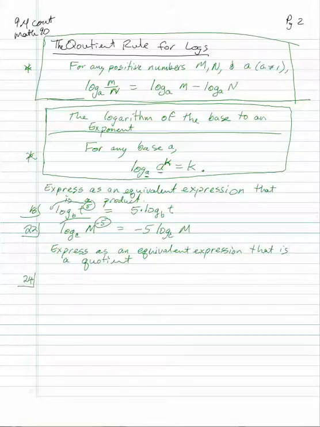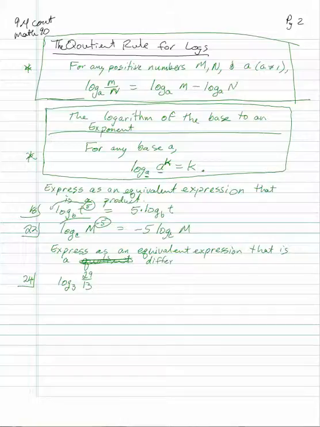Okay, let's look at 24. So now we want to express it as an equivalent expression with the quotient. So we've got log base 3 of 29 13ths. Oh, I wrote that wrong. It says express as an equivalent expression that is a difference of two logarithms. So we're starting with it as a quotient.